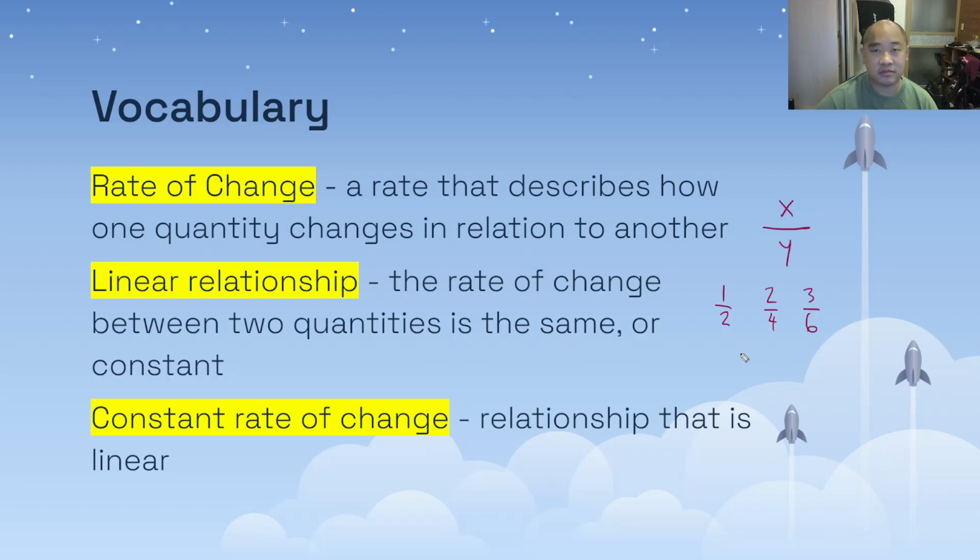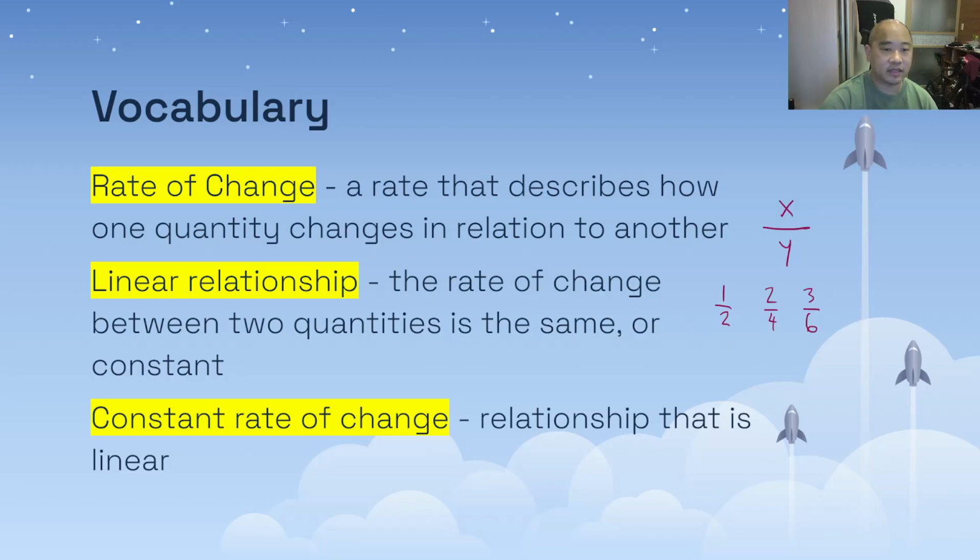It's a constant ratio. A constant rate of change is a relationship that is linear. So that's really basically another way of saying this. As the rate changes for one variable, the other one changes in the same way.